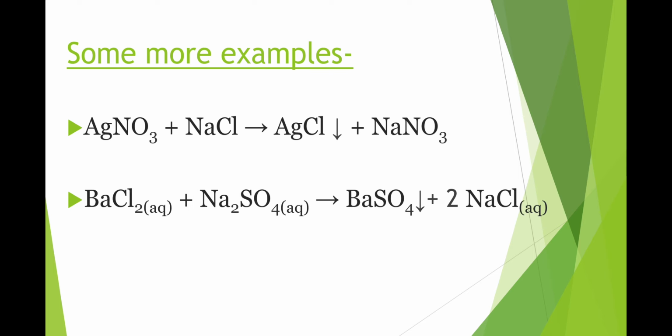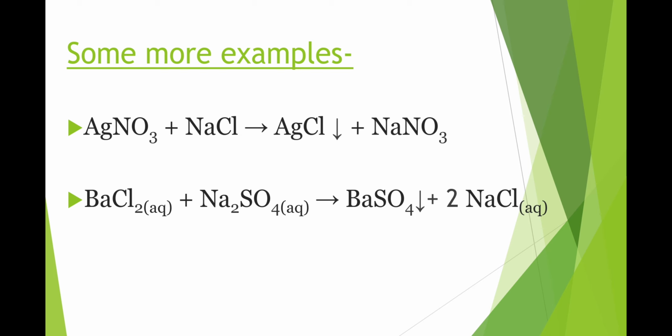The next reaction is a reaction of sodium sulfate and barium chloride. What we are doing here? We are adding the solution of barium chloride to the solution of sodium sulfate. Again, on the product side, we can observe that an aqueous solution of sodium chloride is formed, plus our main product, the precipitate of barium sulfate.